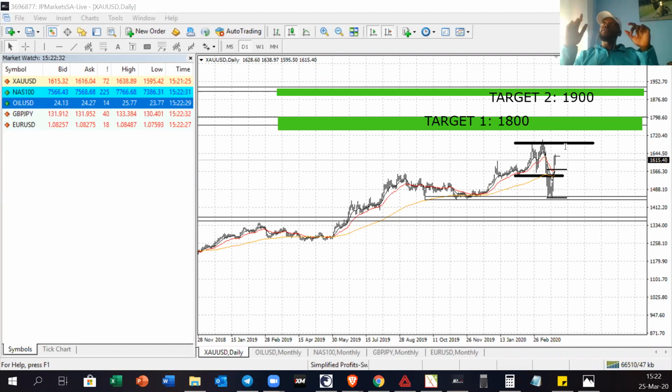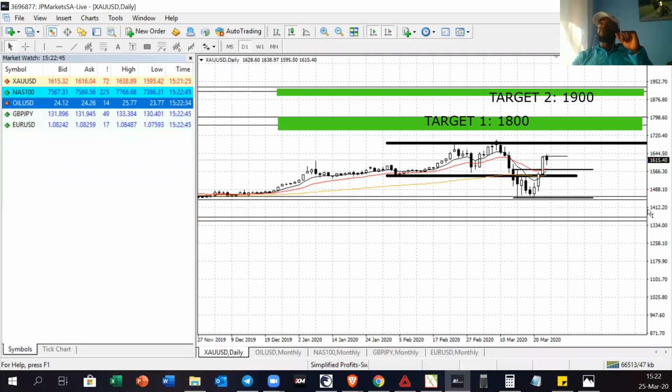Literally just analyzing what the market is giving me and reading price action. This is what the market is telling me.